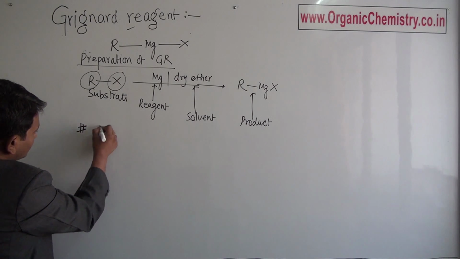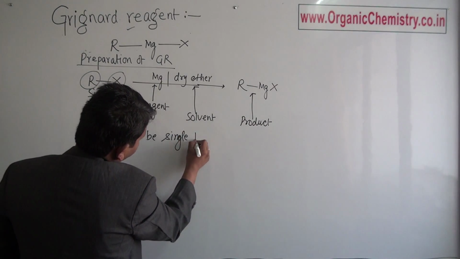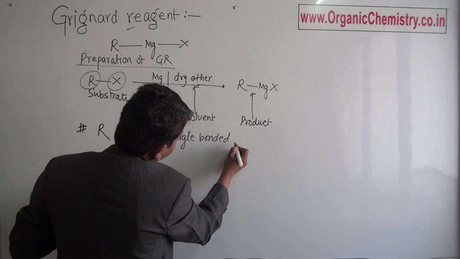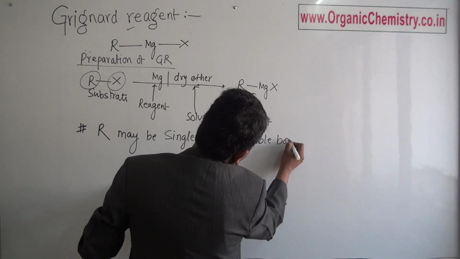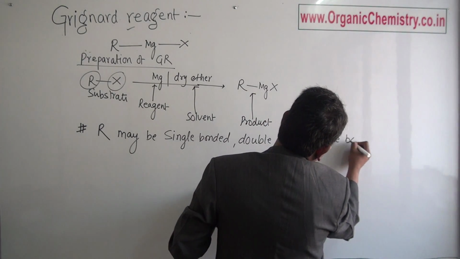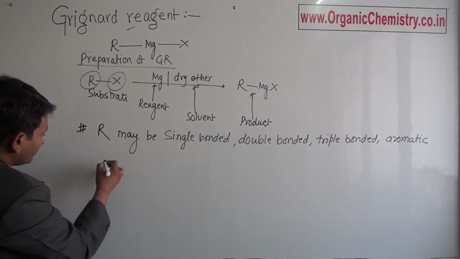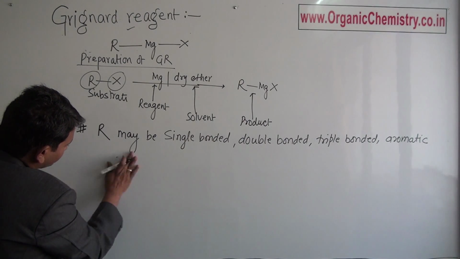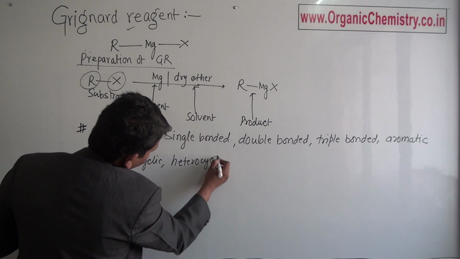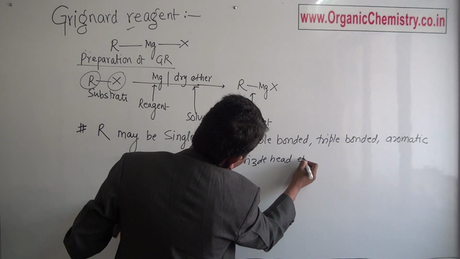That is, R may be single bonded, double bonded, triple bonded, aromatic, alicyclic, heterocyclic, bridgehead, etc. Anything.